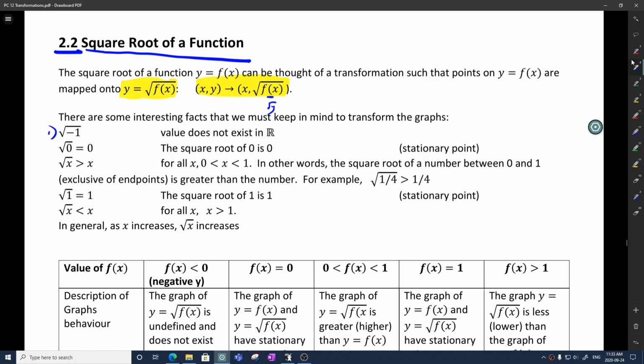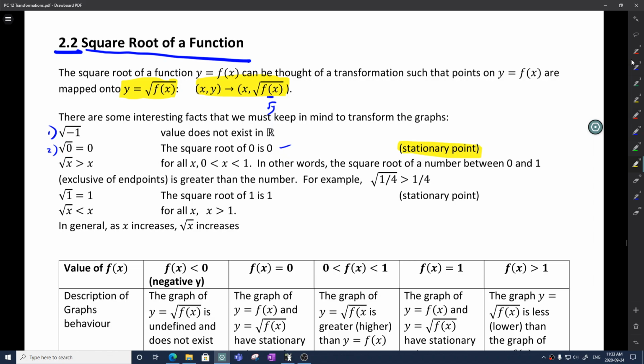So you can't take the square root of a negative number in the real number set, which is high school math. Two: the square root of 0 is 0. And what you'll often find on a graph is called a stationary point. So this is low-hanging fruit for us. We'll come to that later.